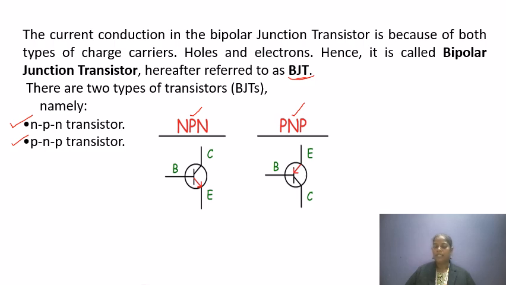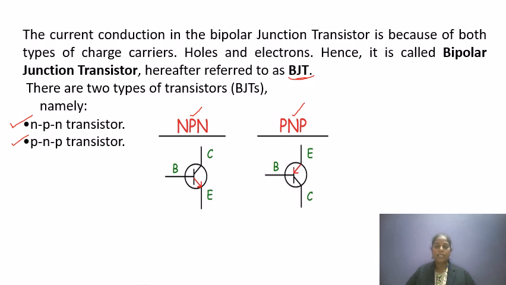That's the difference between the symbols. In NPN the arrow is outside; in PNP the arrow is inside. From the symbol we identify whether it is N-type or P-type, so while drawing the circuit we must always keep it in mind. You will observe only the arrow; from that arrow we can differentiate whether it is NPN or PNP. Everything else in the symbols is the same.